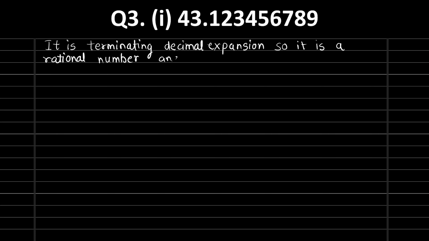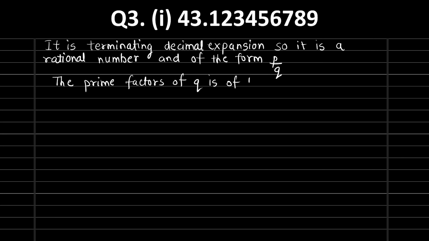And all the rational numbers, we know, can be written in the form P by Q. Now, over here, the prime factors of Q are of the form, definitely in the prime factorization, we will have only 2 and 5 as its prime factors.